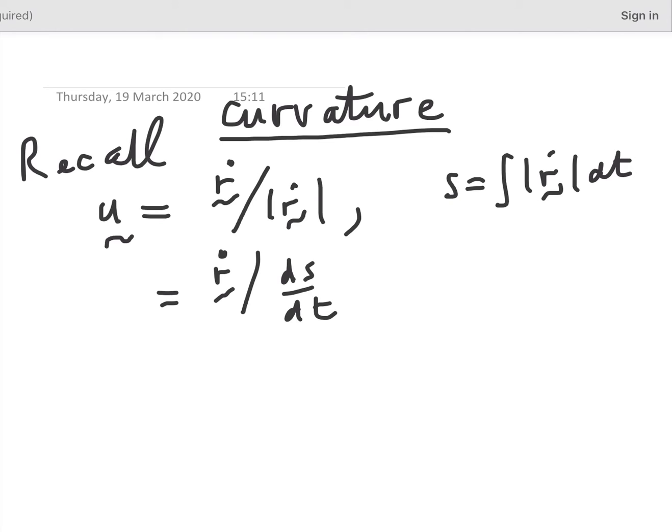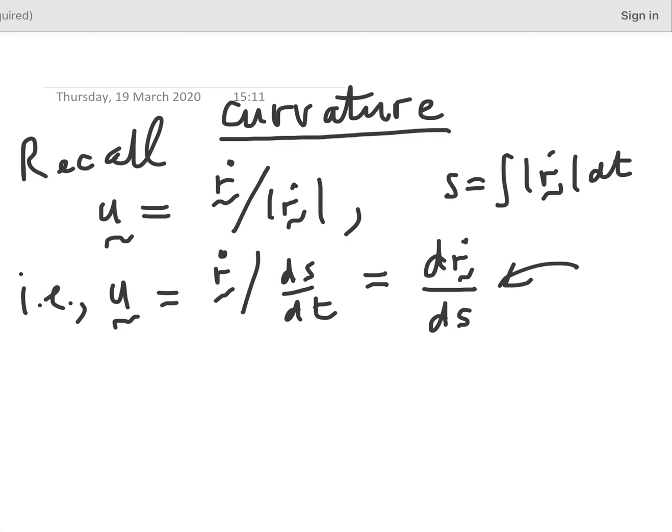If we write r dot as dr dt divided by ds dt, we have that the unit tangent vector can also be written in terms of s as the derivative of the vector r with respect to the arc length variable s. So this is how we sometimes denote the unit tangent vector, i.e. vector u can be written in that fashion.